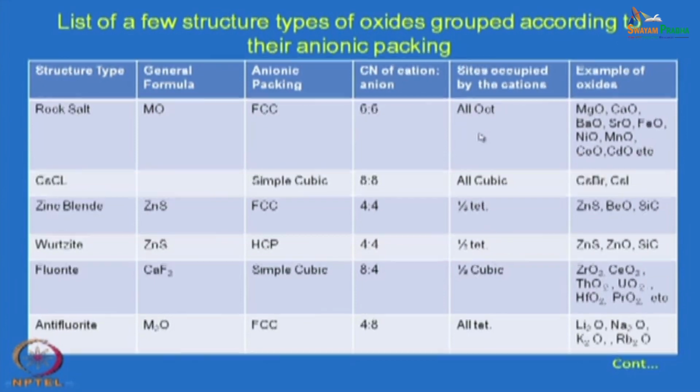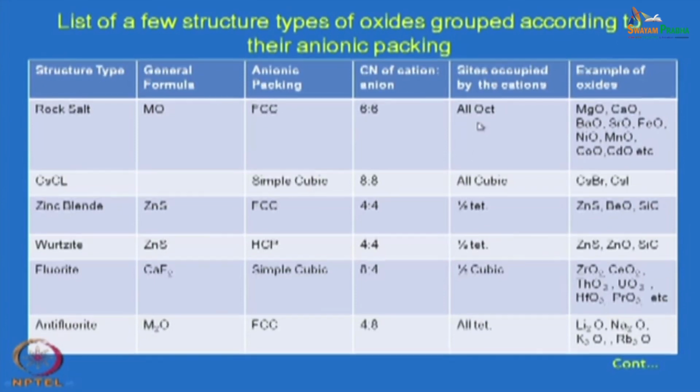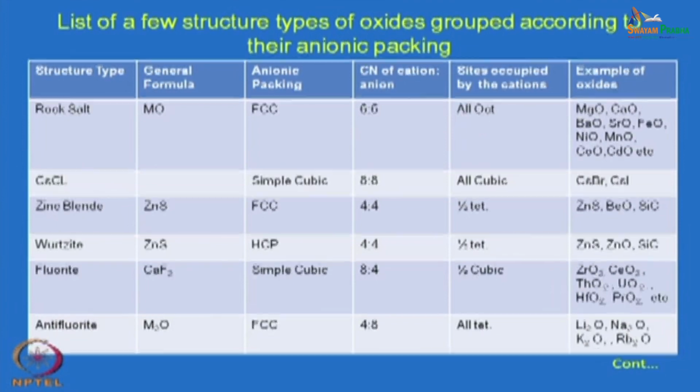There are octahedral sites as well as tetrahedral sites. For each oxygen atom there are 2 tetrahedral sites in the structure and 1 octahedral site. Here all the available octahedral sites are occupied by the cations in this particular structure.